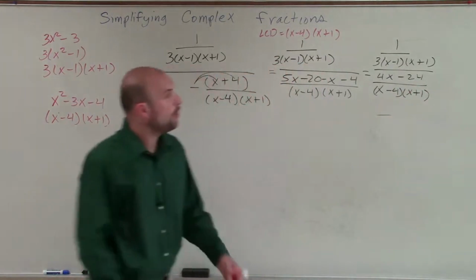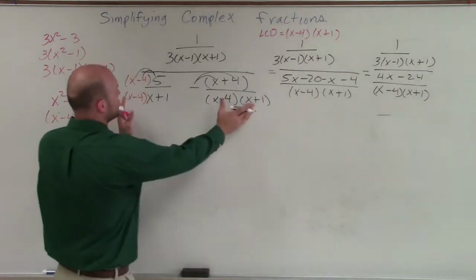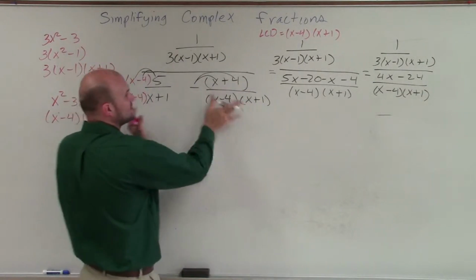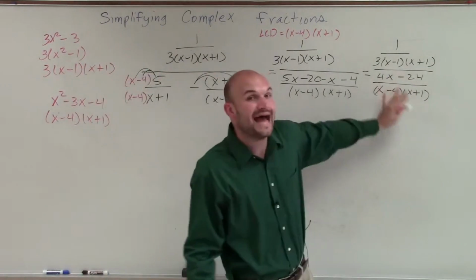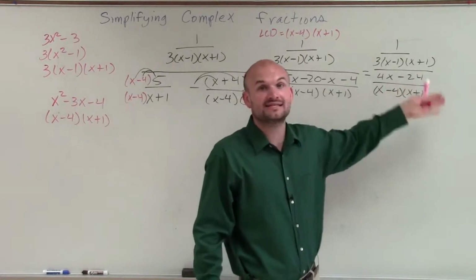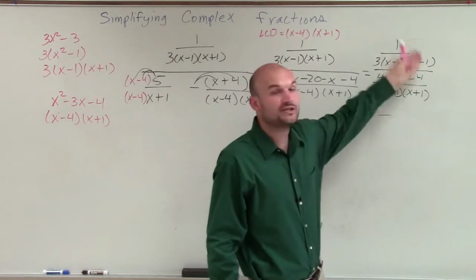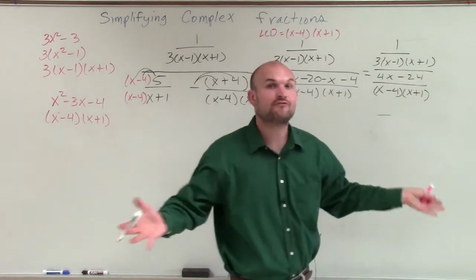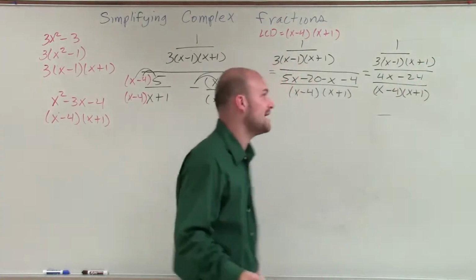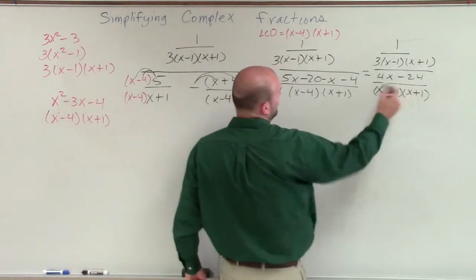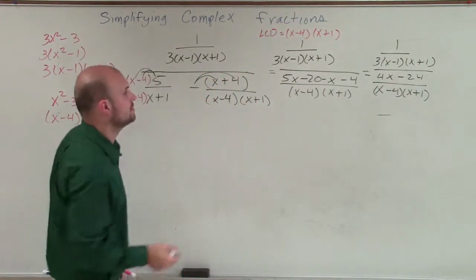The whole purpose of this is that now I've combined these two fractions into one simple fraction. Now I can multiply by the reciprocal of this fraction to the top and the bottom to eliminate my fractions in both the numerator and the denominator. Before I do that, though, I want to simplify that numerator right there.